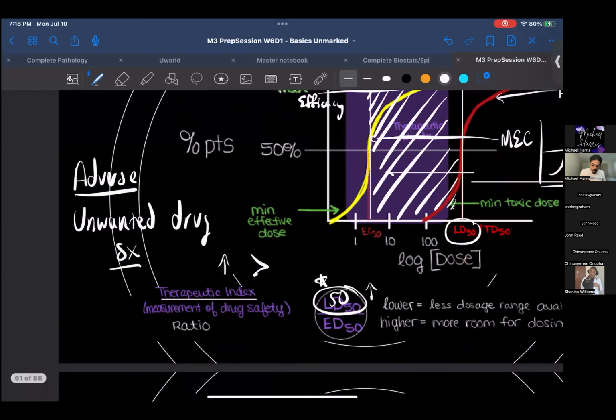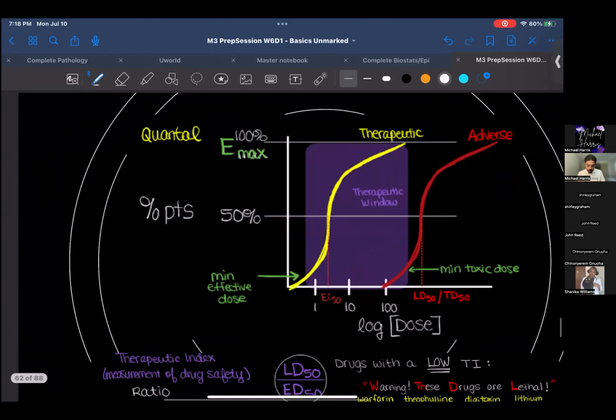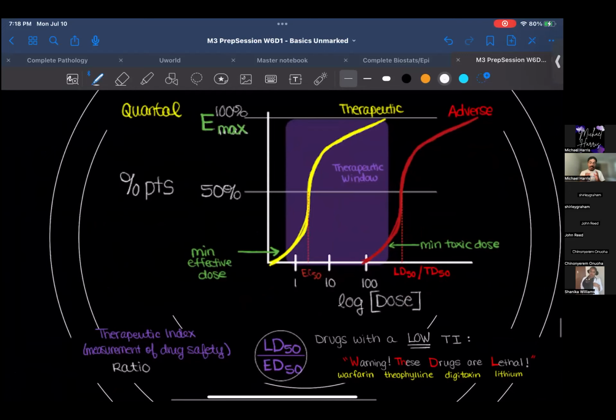Does it go up or does it go down? Perfect. It goes down because now you have a lower number up top. So the therapeutic index goes down with it. Great. Okay. So with that being said, the last thing I'm going to say is this.